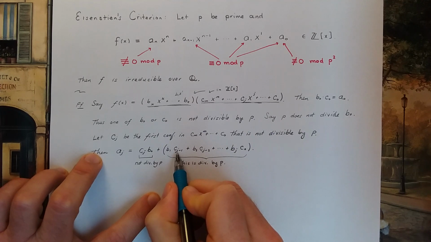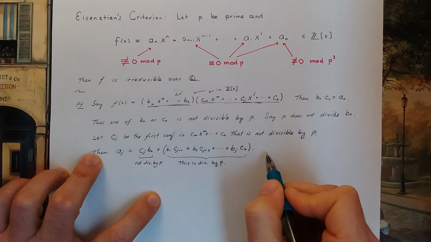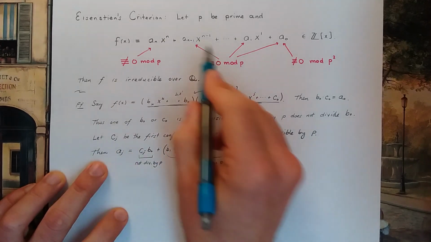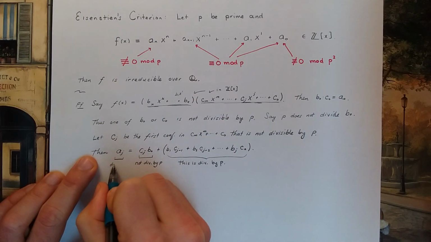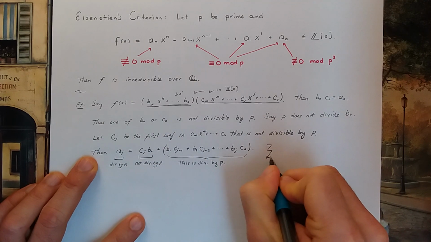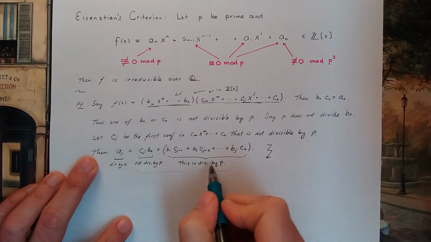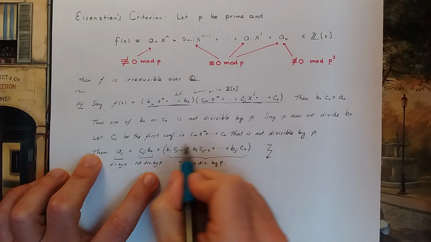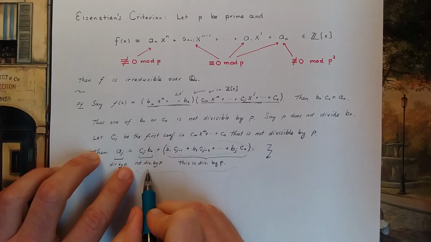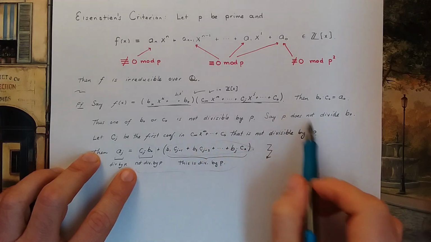Why is that? Every c_{j-1}, c_{j-2}, down to c_0 is divisible by p because of the minimality of j. Furthermore, a_j is divisible by p. That's our contradiction. Our contradiction is this whole expression has to be divisible by p, since it's a_j, but it can't be because this term is divisible by p, but this term is not. So that's the contradiction. The polynomial cannot be factored after all because of how we set things up.